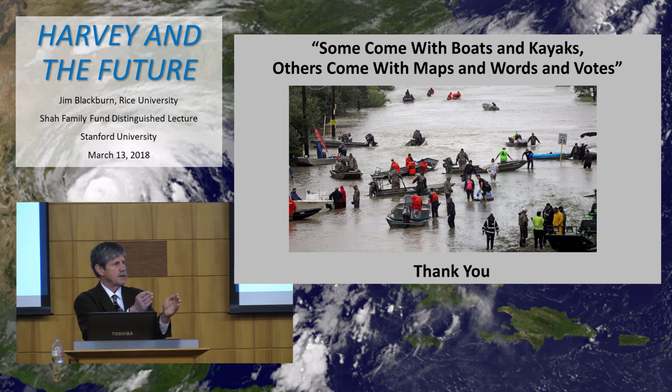Our first money should be to buy those out and turn that into green space. That would give us space to work with, to do both structural and non-structural and green space solutions. But that means you don't inhabit the floodplain, at least not the most dangerous part, and that's never been part of our philosophy.